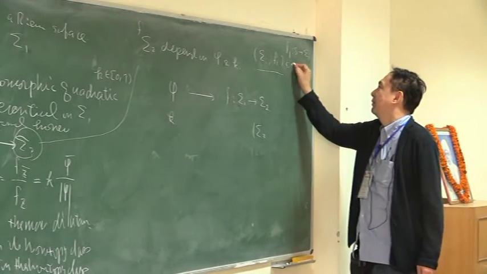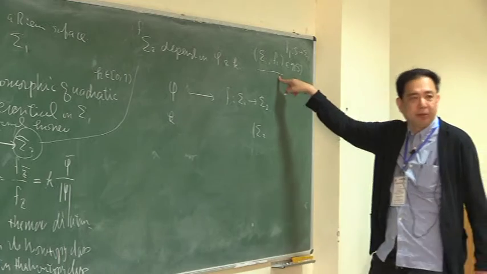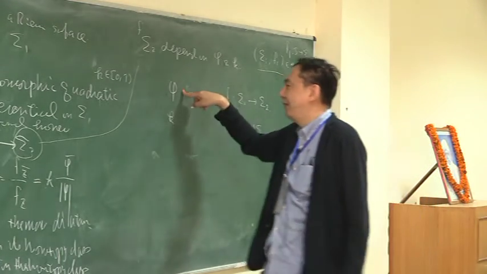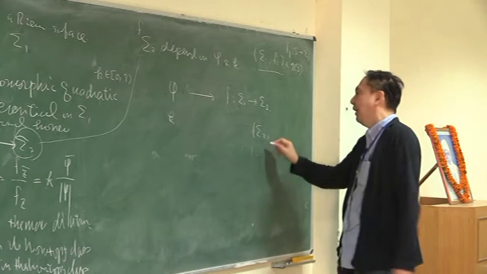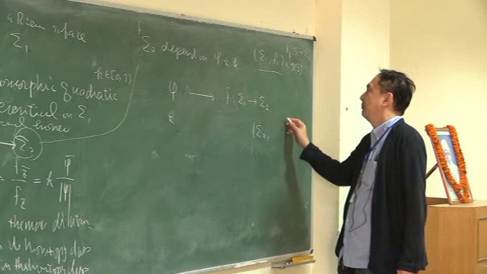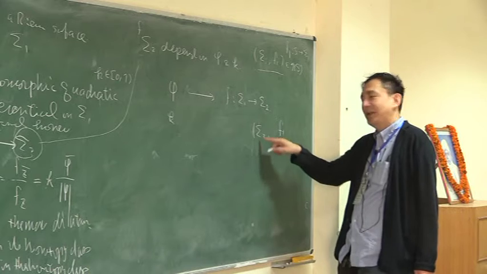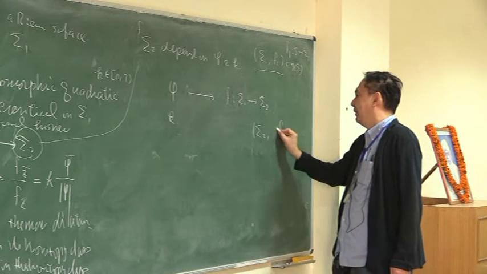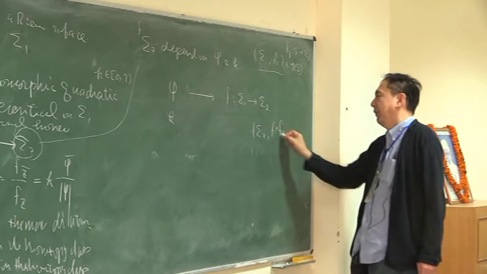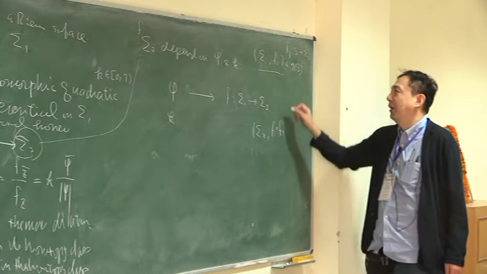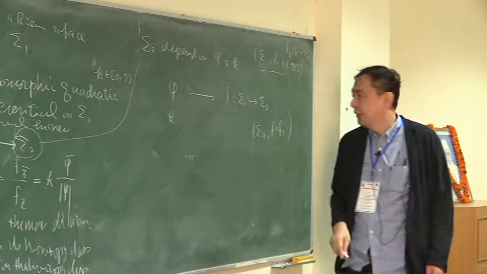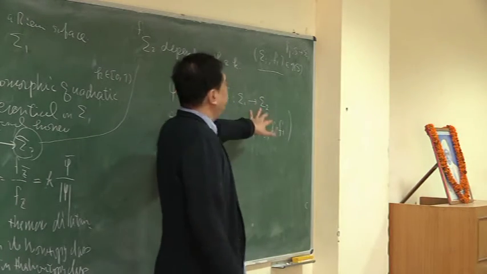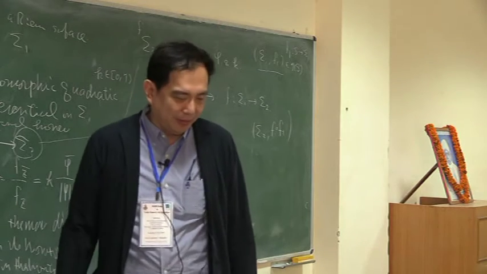So this is a point in the Teichmüller space, the base point. And then if you're given phi and k, you have another point in the Teichmüller space, which is sigma 2, and the marking, the homeomorphism from S, is just the composition of this F and the marking of sigma 1.